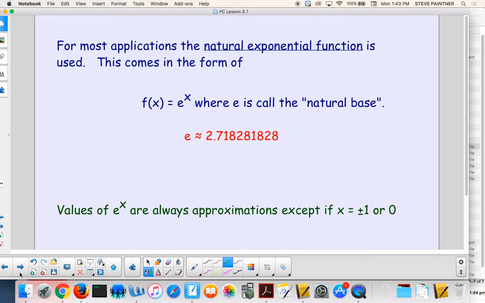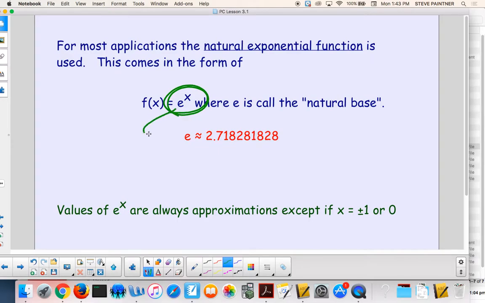Okay. Now, when you start getting into story problems, the story problems typically have this number in it. For most applications, the natural exponential function is used. This comes in the form of e to the x. Now, the letter e is not a variable.